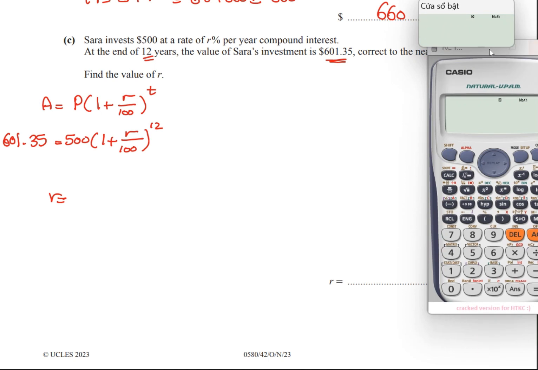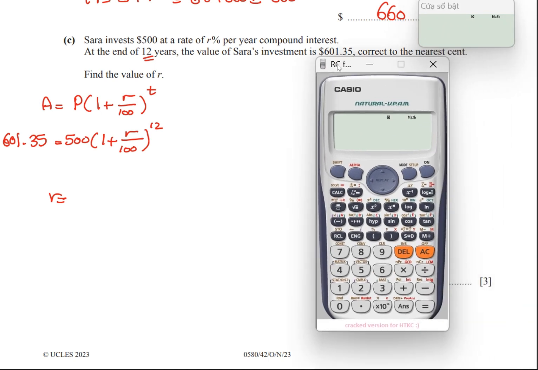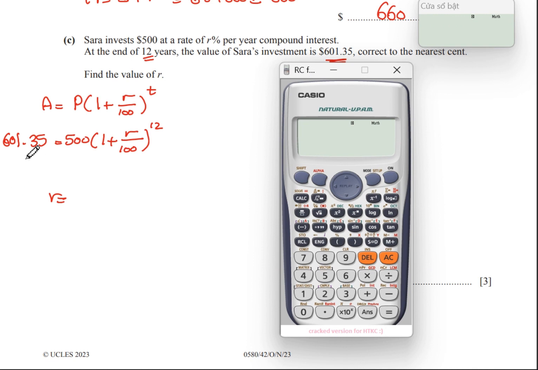Okay, how to do this in the calculator? Look here. First, I'm going to write the same equation that I have, 601.35. I want you to concentrate in this way because it is very important for saving time and avoiding risk in the exam.